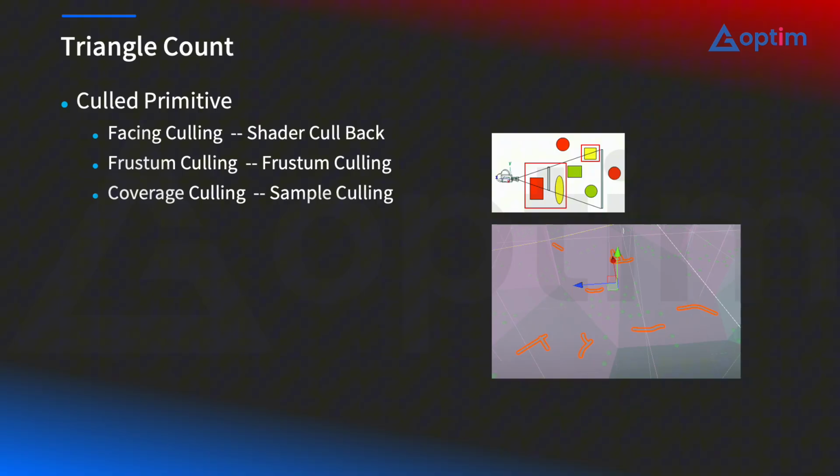The issue is that before culling happens, all these triangles already go through vertex processing, including MVP transformations and interpolation. These computations cannot be avoided, which leads to unnecessary GPU workload. Therefore, this type of mesh structure should not be overused in a scene. At the same time, there is a classic trade-off here. Some teams intentionally use this approach to reduce draw calls. So in real projects, a balance must be made between draw calls and triangle counts.